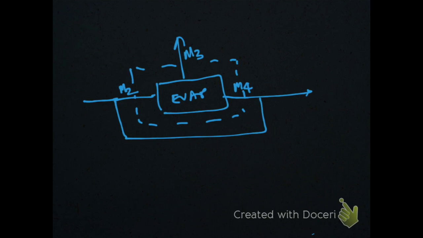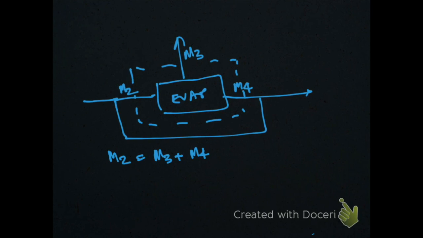So how do we write the balance for this? We know that for the overall balance, it is M2 equals to M3 plus M4. Okay, that is 1. What else do we have?